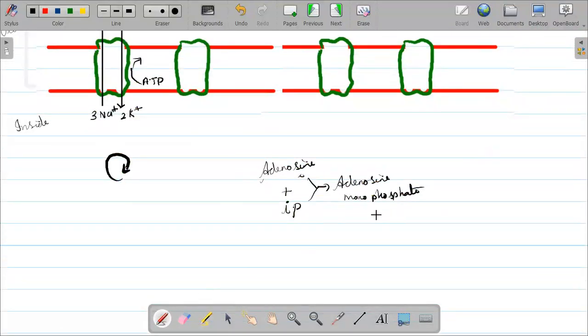To adenosine monophosphate, if I add another molecule of inorganic phosphate, they will form adenosine diphosphate.